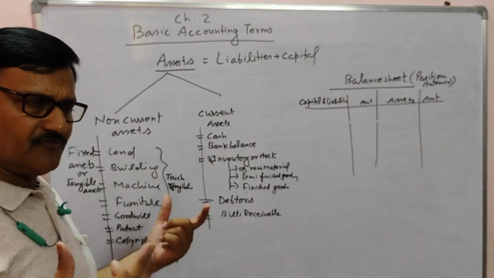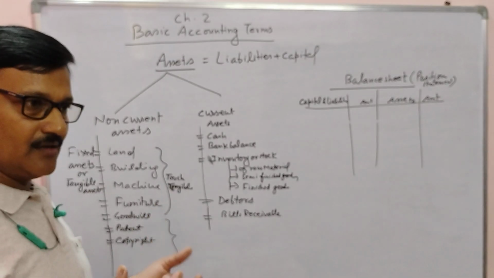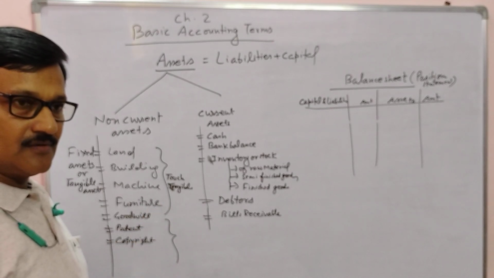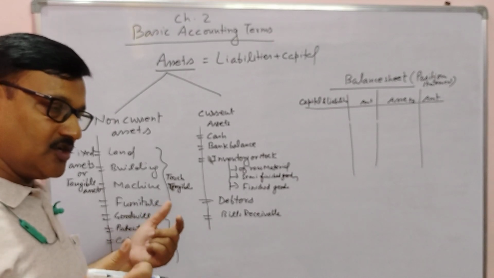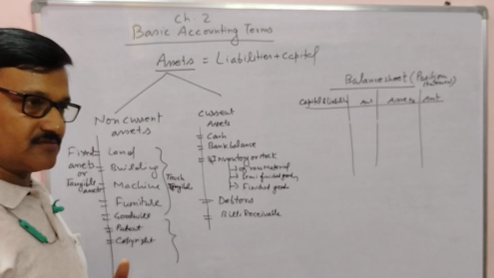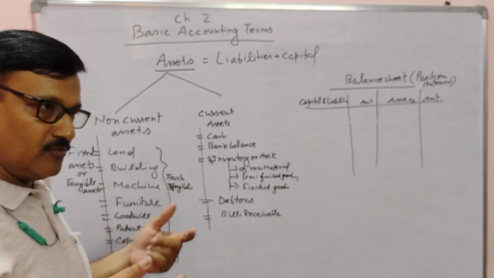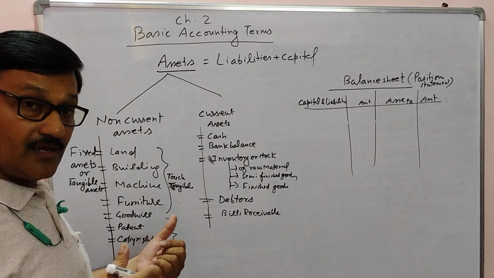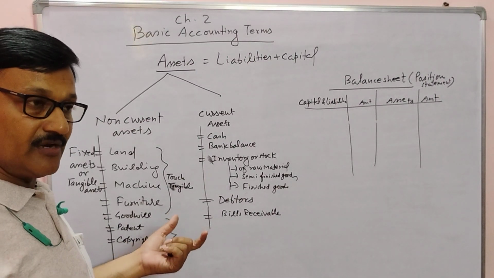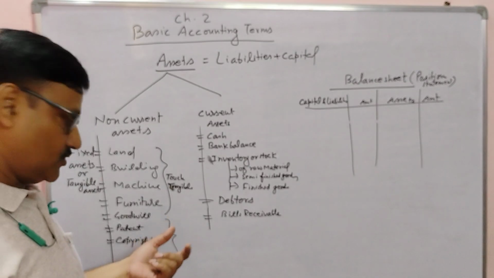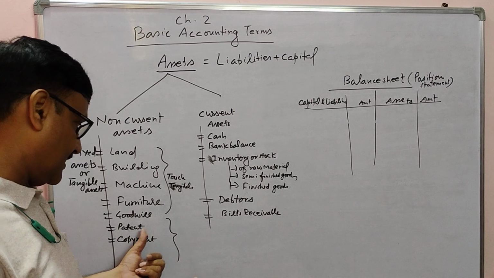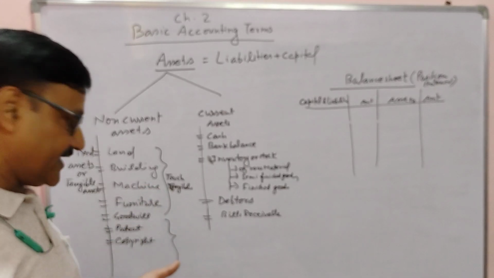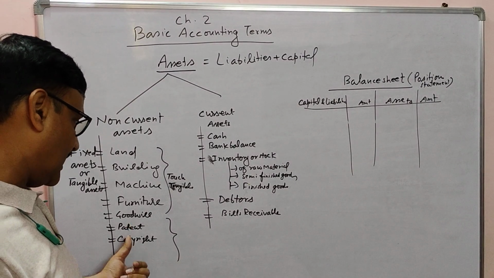Patent: I have a certain formula for making some popular product. People will come to me, I want to produce 1 lakh units of this product. Please provide me the formula. Yes, please pay me the patent fee. Then only I will authorize you to produce. This also has revenue generating capacity, income generating capacity.